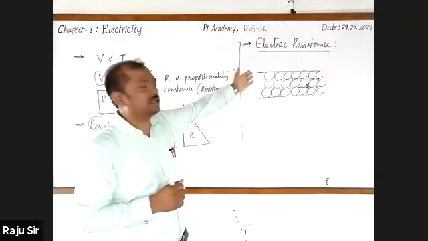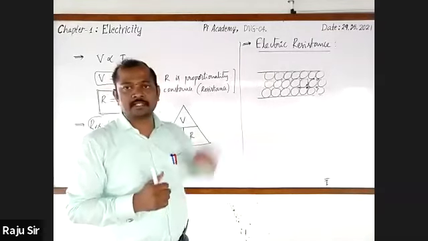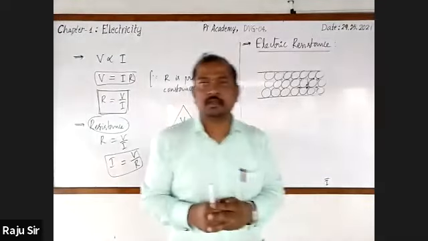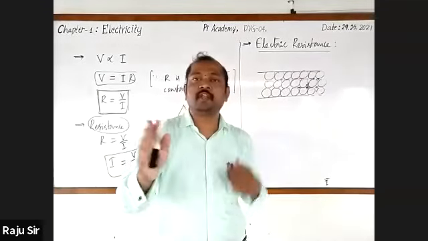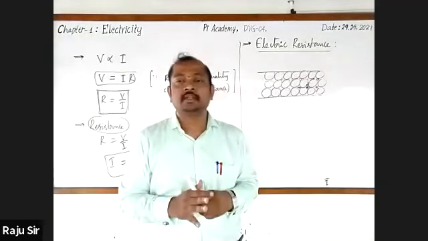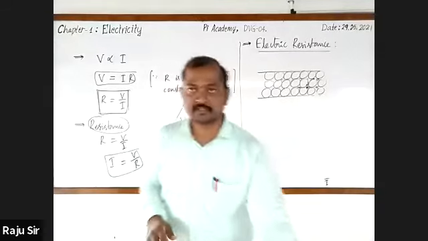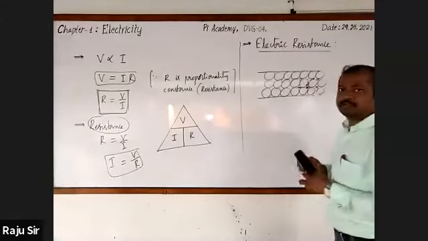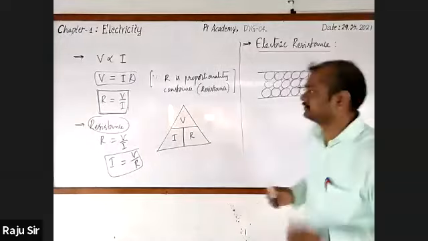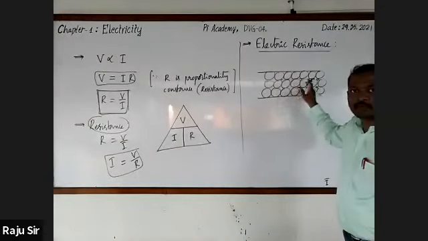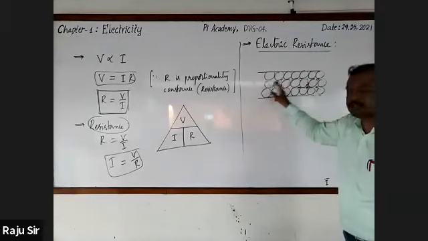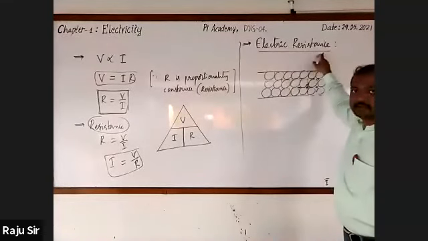And we call this electric resistance. Once I repeat, the property of a conductor which opposes the flow of electrons in it is called electric resistance. Don't copy, just observe. Afterwards, I'll make you write. The property of the conductor which opposes the flow of electrons to pass through it is known as electric resistance.